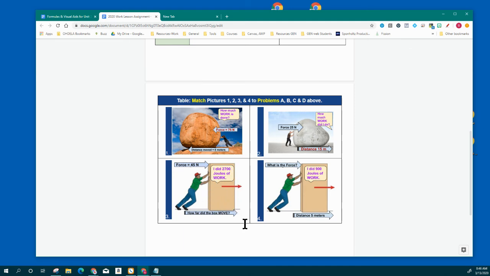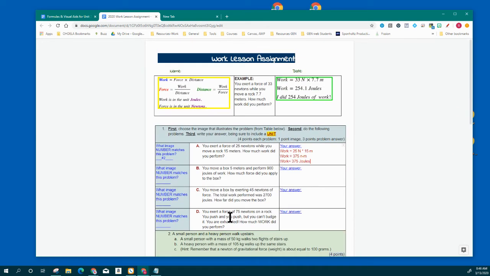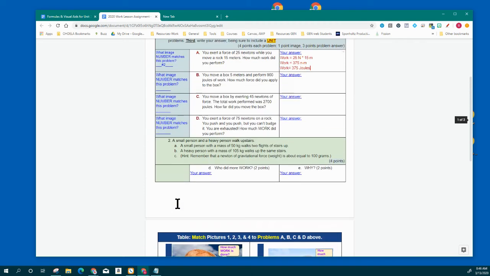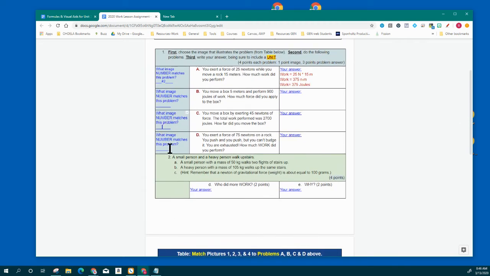So you can see the scenario, what's going on in the question that we're asking. We know how much work we did, but we don't know how far we moved the box. Well, we can figure that out. And that was number 3. So we're going to put that in that space right there, number 3.